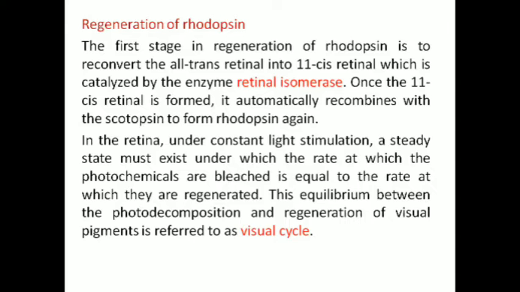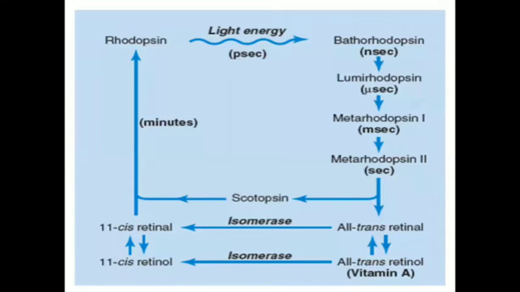I will show you the diagrams. So this is the whole decomposition of rhodopsin. Here you can see the rhodopsin. When light falls on the rhodopsin, it decomposes to bathorhodopsin. This bathorhodopsin again decomposes to lumirhodopsin within a nanosecond.